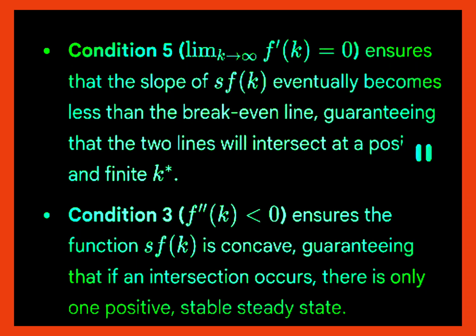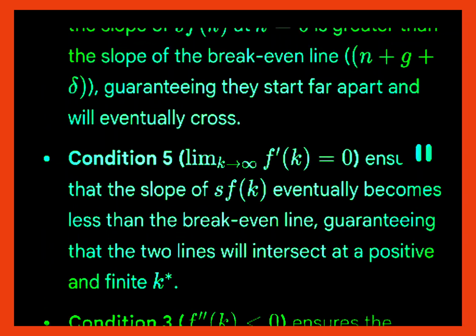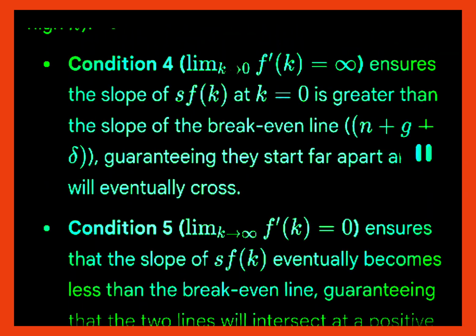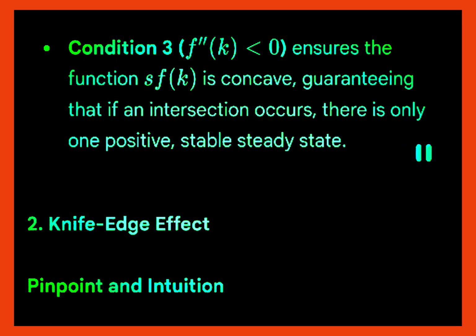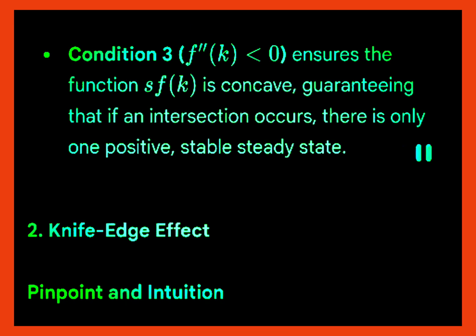Condition 5, the limit as k goes to infinity of f'(k) equals 0, ensures that the slope of sf(k) eventually becomes less than the break-even line, guaranteeing that the two lines will intersect at a positive and finite k*. Condition 3, f''(k) less than 0, ensures the function sf(k) is concave, guaranteeing that if an intersection occurs, there is only one positive, stable steady state.